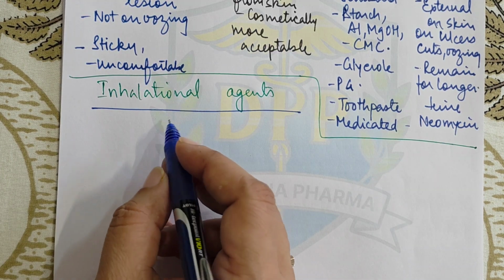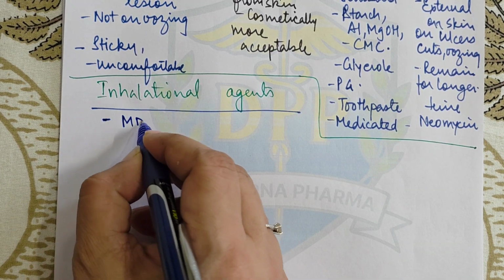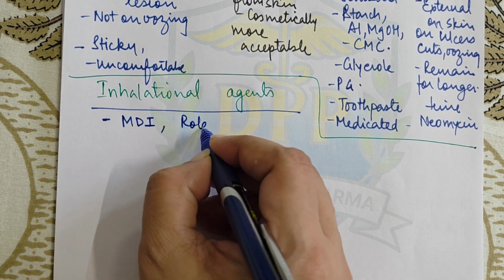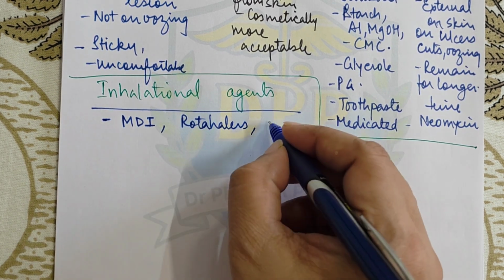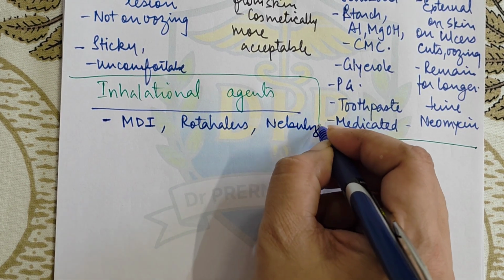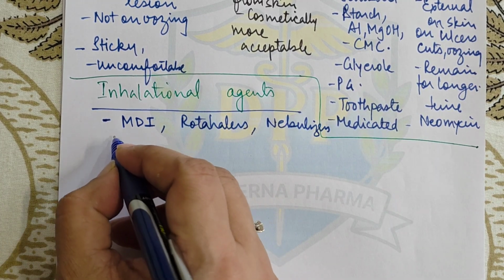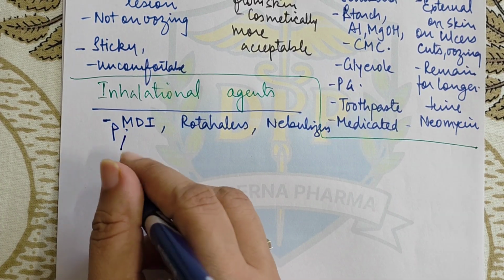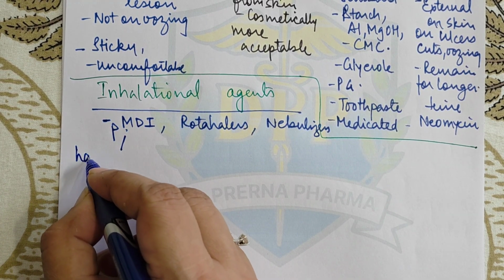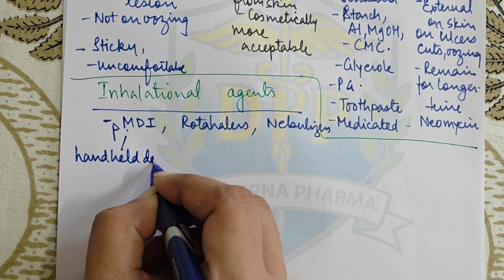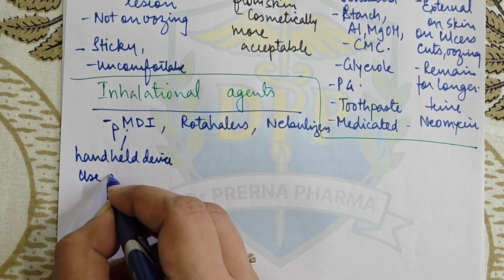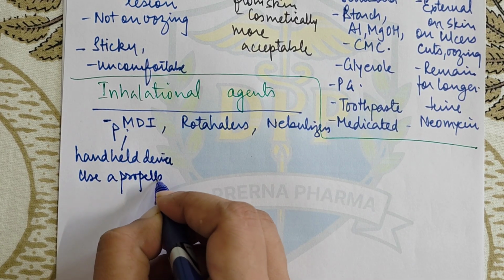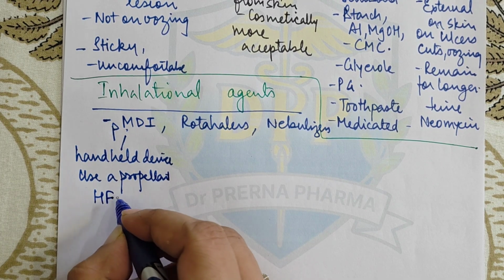We have inhalational agents. In inhalational agents, we have meter dose inhalers, we have rotahalers, right? And we have nebulizers also. So now let us understand them. Meter dose inhalers, or pressurized meter dose inhalers, are basically handheld devices, and they use a propellant, for example hydrofluoroalkane.